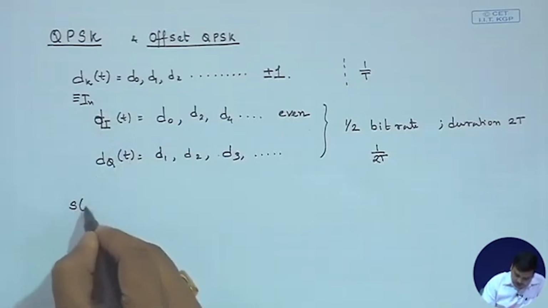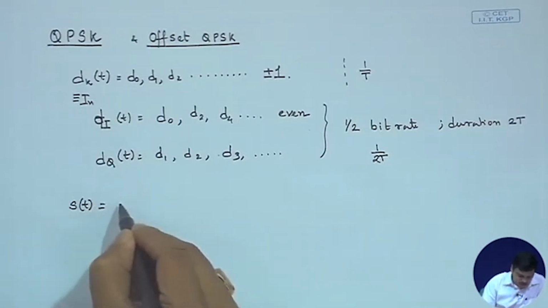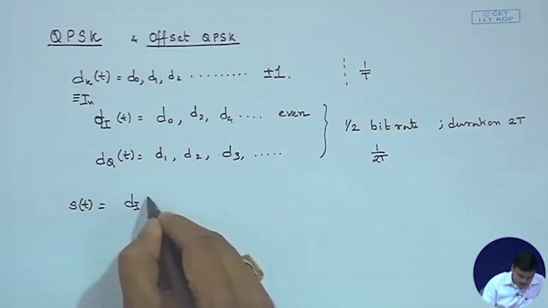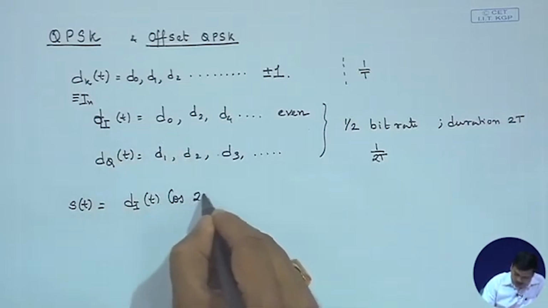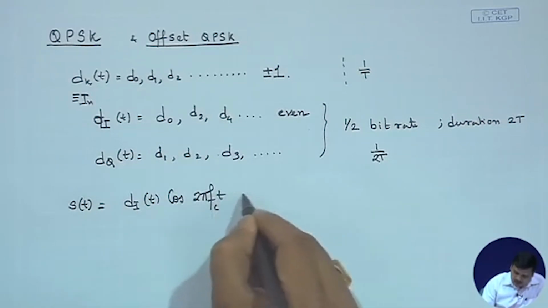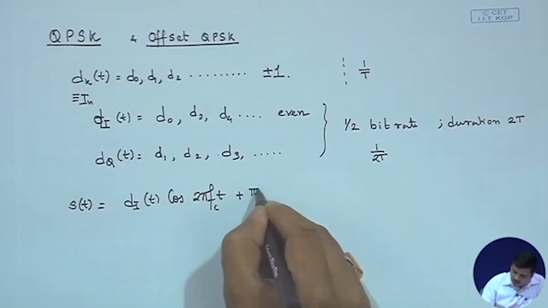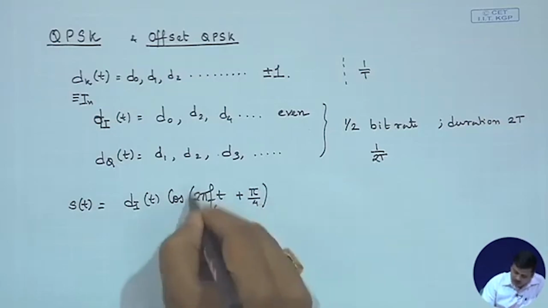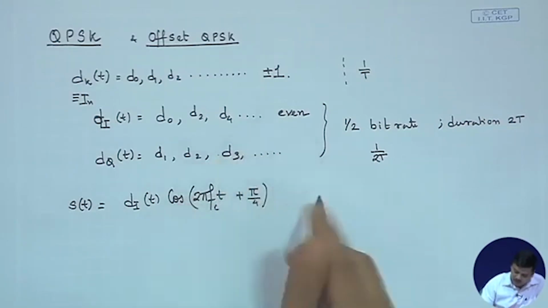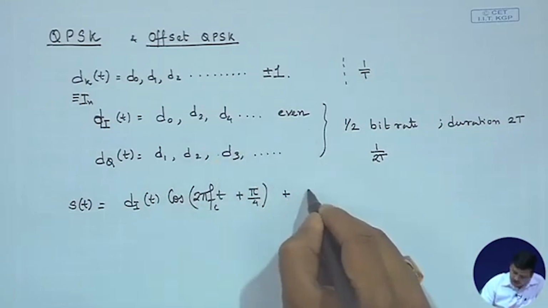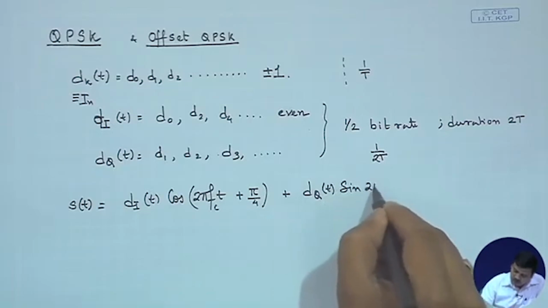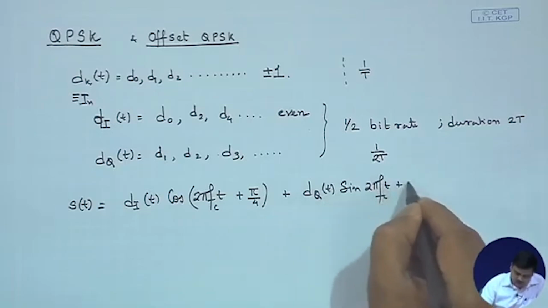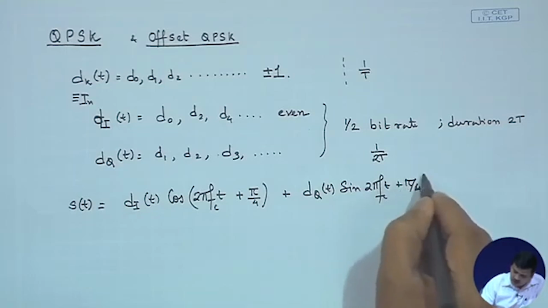So, we could write s(t) equal to d_I(t) times cos(2 pi f_c t plus some phase factor), and in one of the representations there could be an offset. Offset means you could be rotating it, and you could have d_Q(t) times sin(2 pi f_c t plus pi by 4).